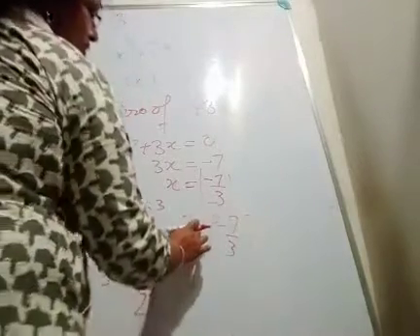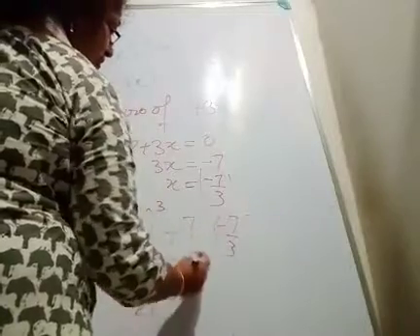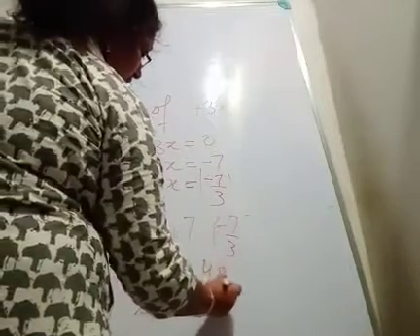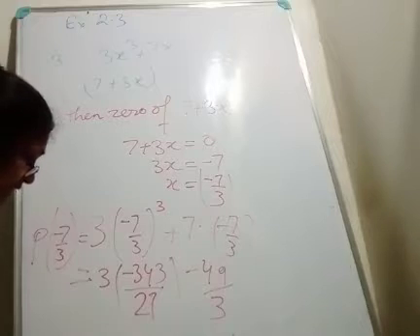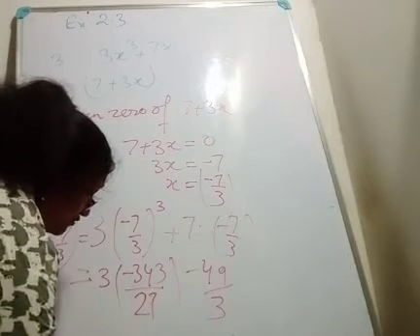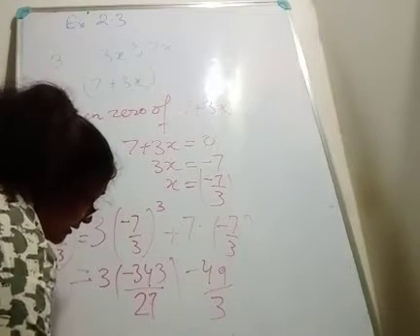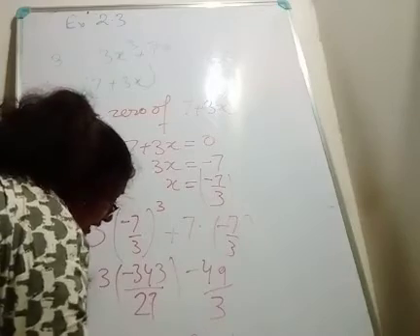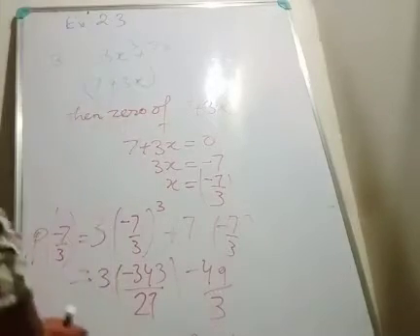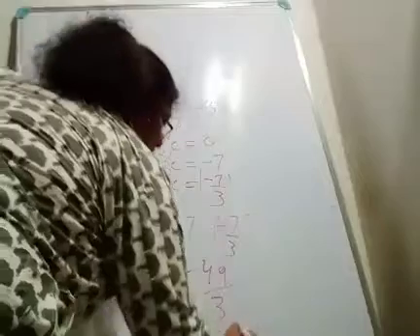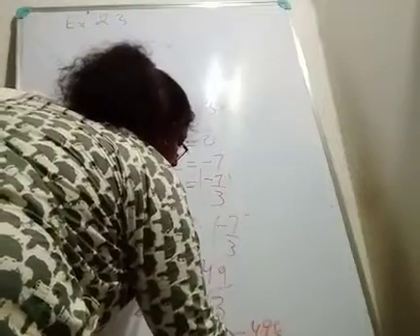Now plus 7 into minus 7 is minus 49 by 3. Now again simplify it. It will become minus 343 by 9 minus 49 by 3. That is equal to minus 490 by 9.